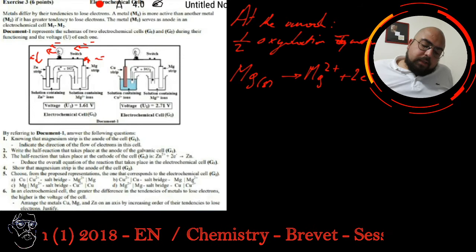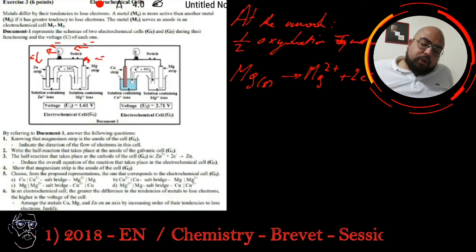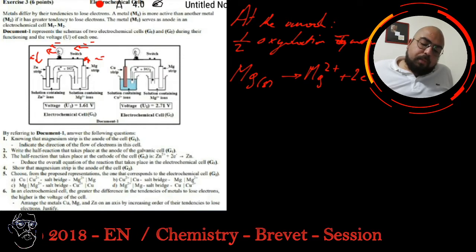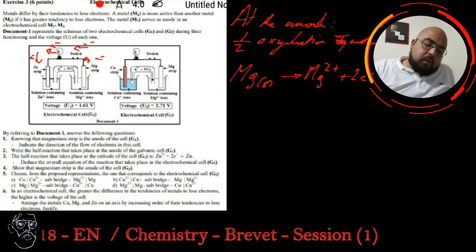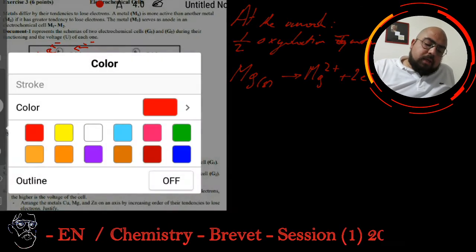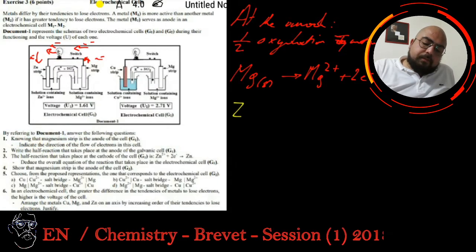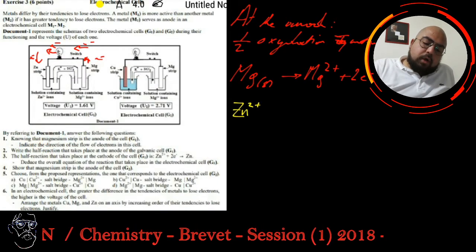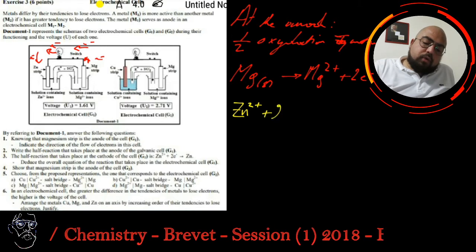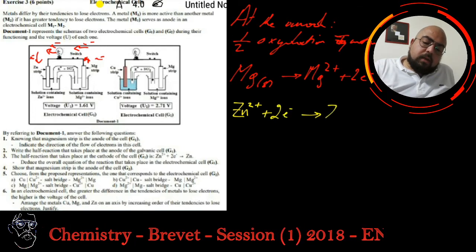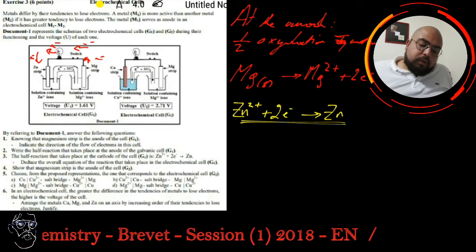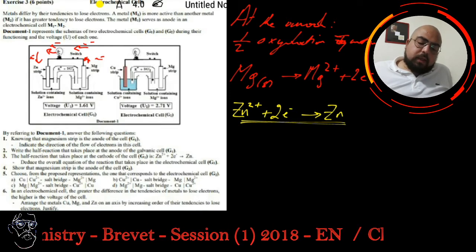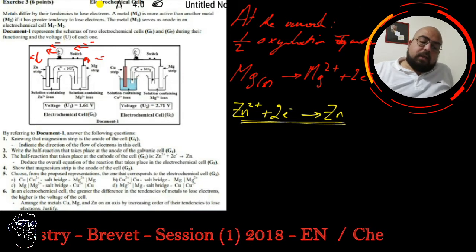The half reaction that takes place at the cathode of the cell G1 is Zn2+ plus 2 electrons, which gives you Zn. So I'm going to write down the half equation of reduction: Zn2+ plus 2 electrons gives you Zn. Next, deduce the overall equation of the reaction that takes place in the electrochemical cell G1.